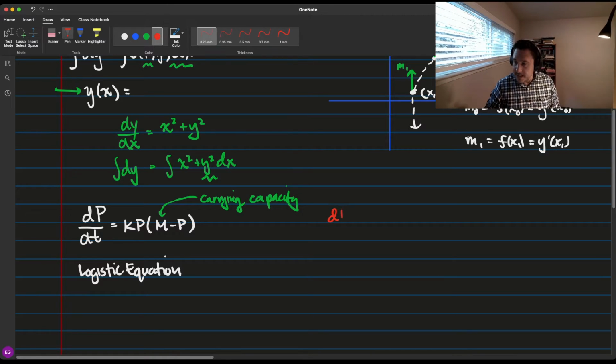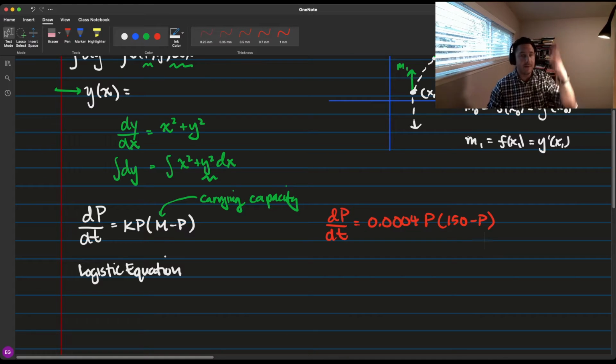Let's say you have dp/dt equals 0.0004 times p times (150 minus p). So in this case, what's the most number of people you can have? 150, 150,000, 150 million. Whatever your units are, it's 150. So let's say you can have at most 150 people in some environment, because that's the most people you could support given the food and all that.